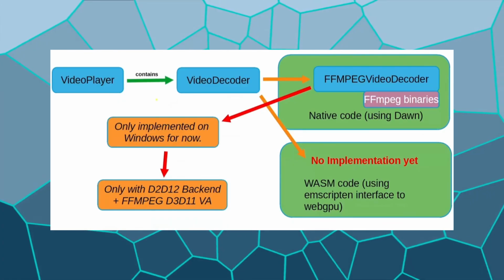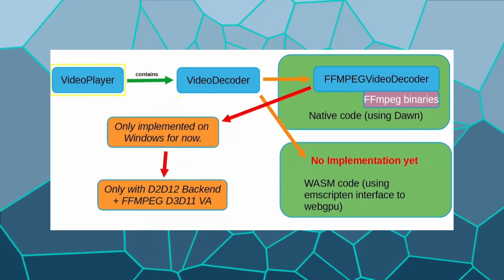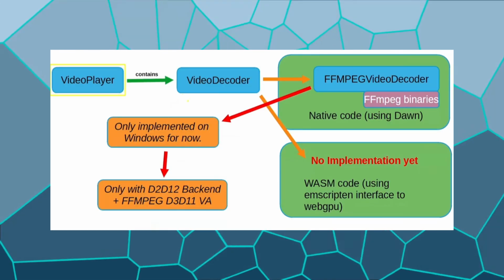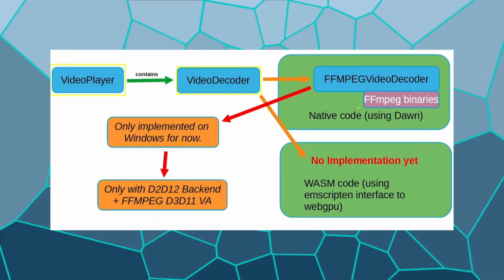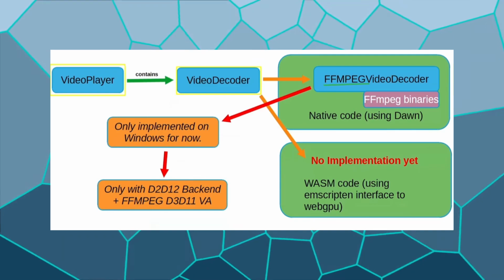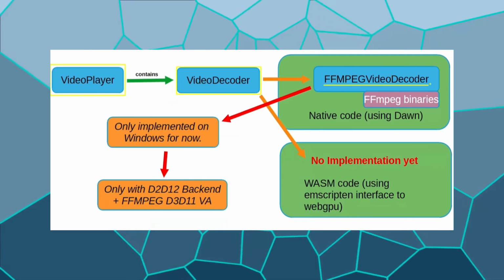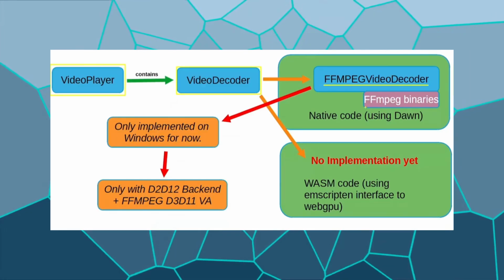So in the NervLand code, I have added a VideoPlayer class, and this class itself contains an abstract video decoder class. And next, I have added a concrete implementation called FFmpeg video decoder, and this one depends directly on the FFmpeg binaries.